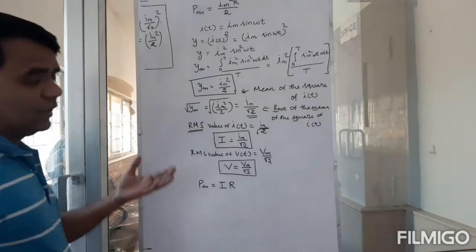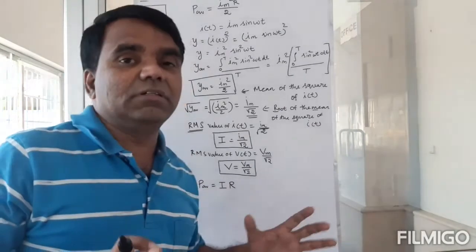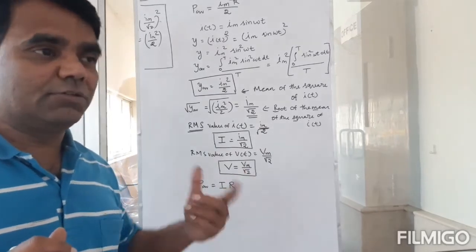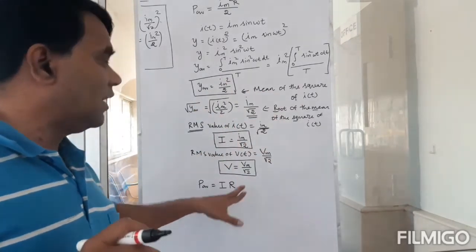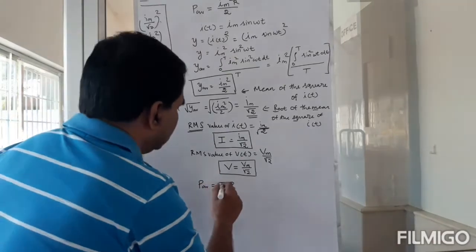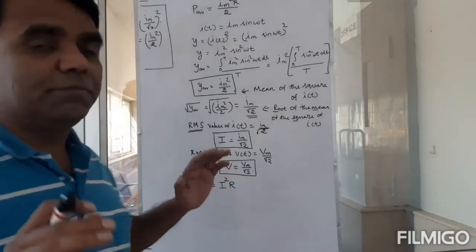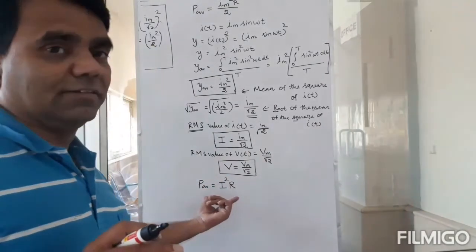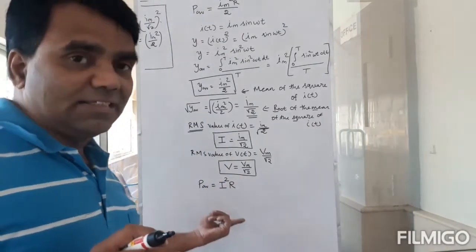You notice that you get something similar to your DC circuit. In the DC circuit, power was given by I squared R. You got the same thing here in AC.